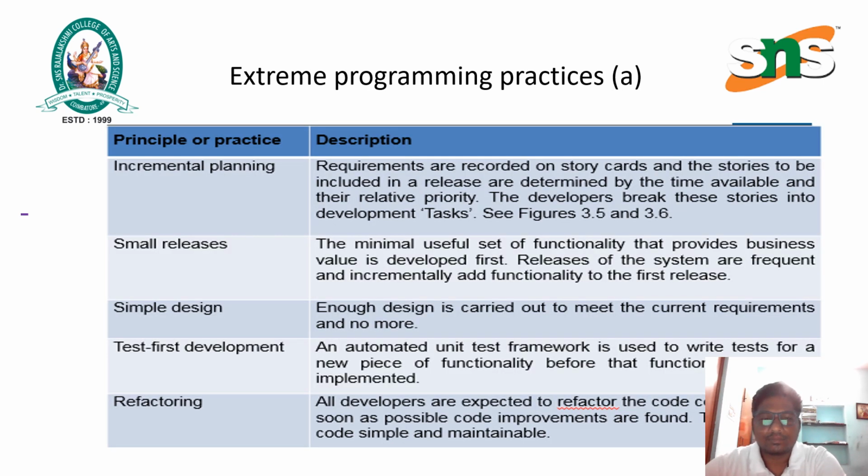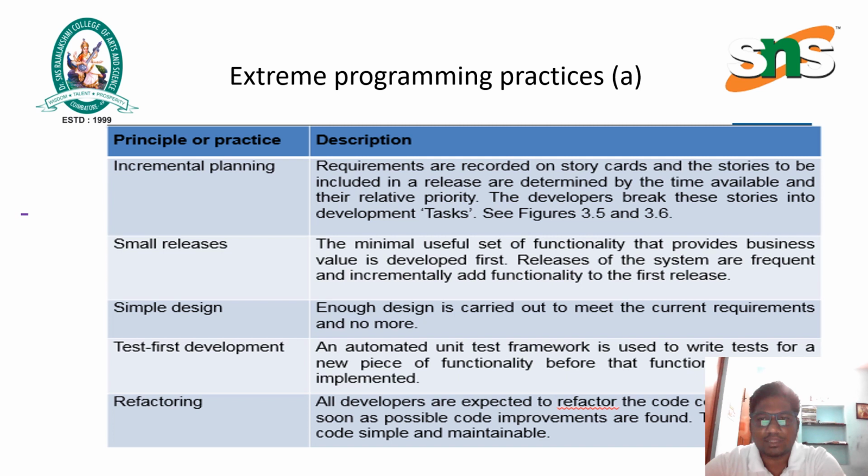Now the extreme programming practices, with a description for each. First is incremental planning. Requirements are recorded on story cards, and the stories to be included in a release are determined by the time available and the relative priority.